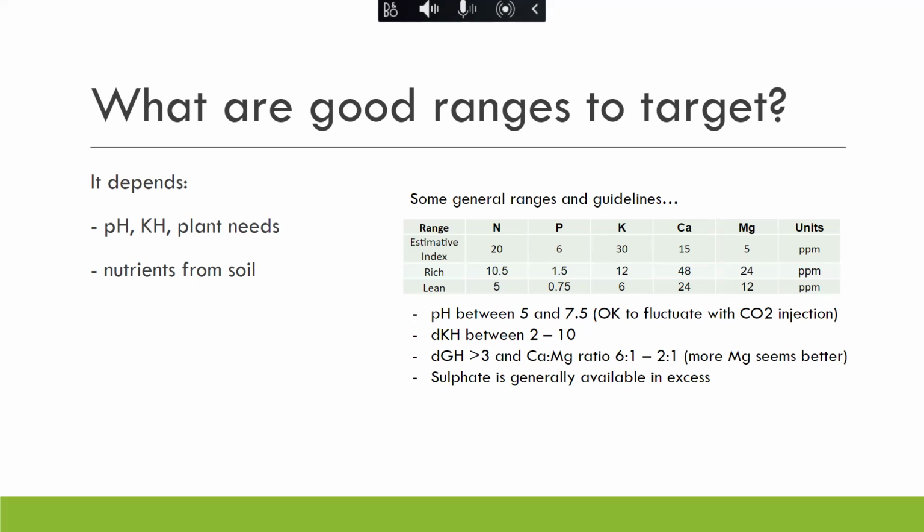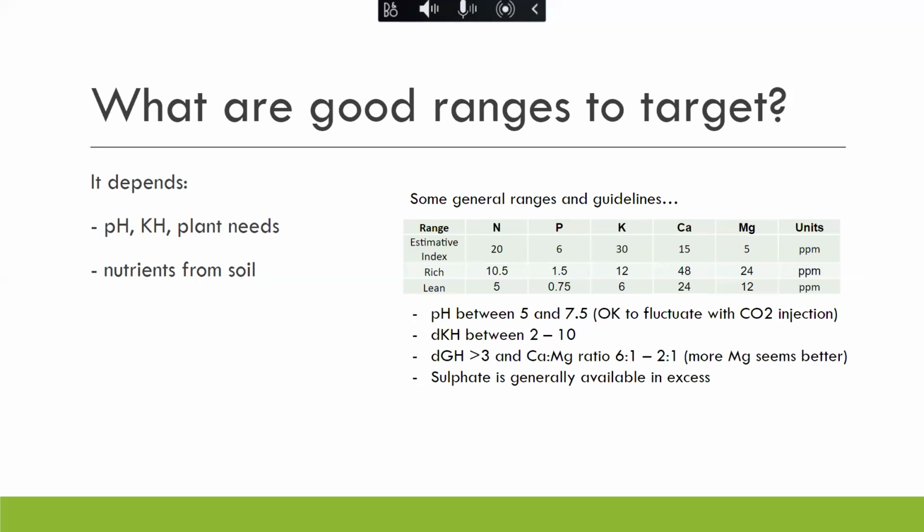You might say, hey Michelle, why didn't you talk about sulfur and sulfate? You said along with carbon and oxygen, sulfur was a major important nutrient. Well, we don't really have to worry about it because there's so much sulfur in your tap water.